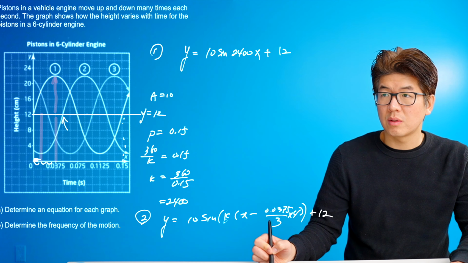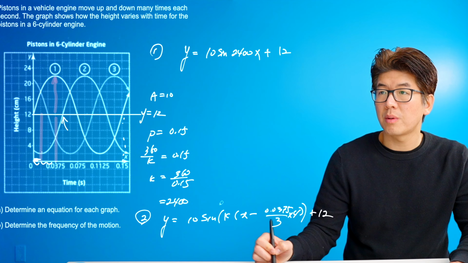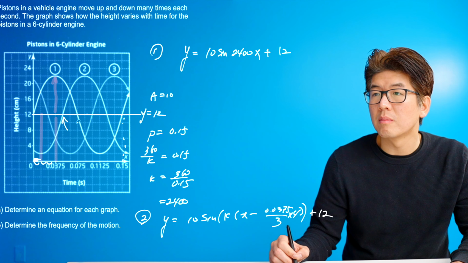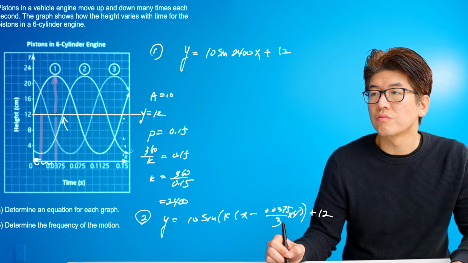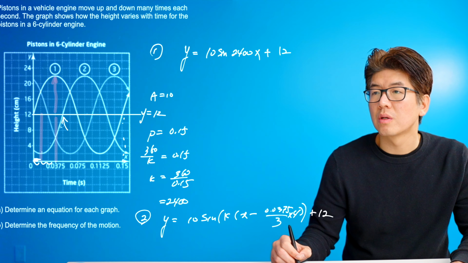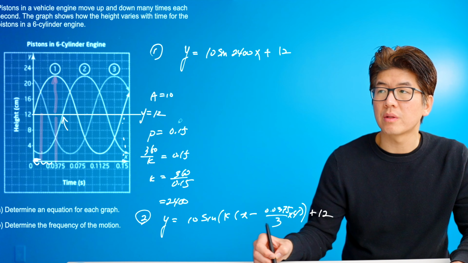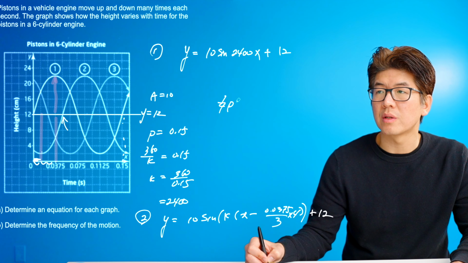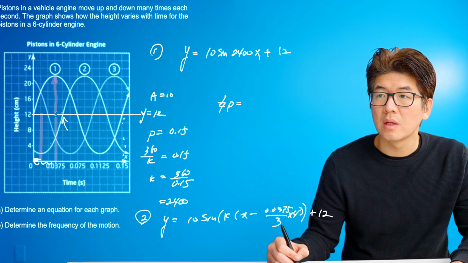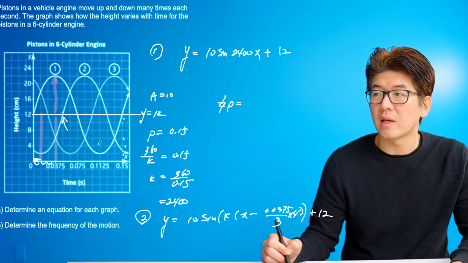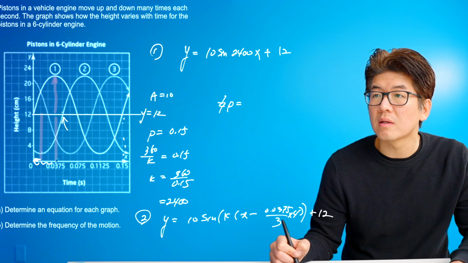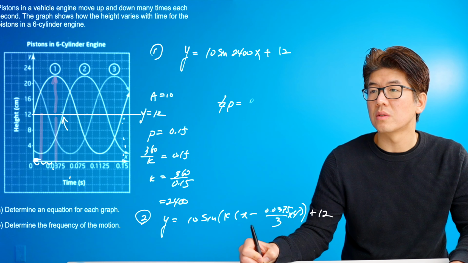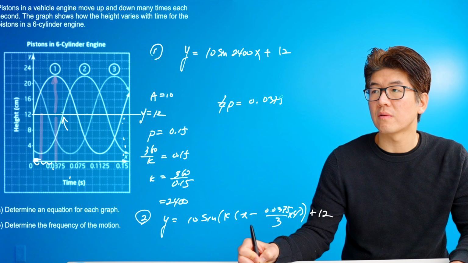What's missing? We are missing the period. Clearly a quarter of the period is the difference between, it's exactly going to be 3 times this, which is exactly 0.0375.